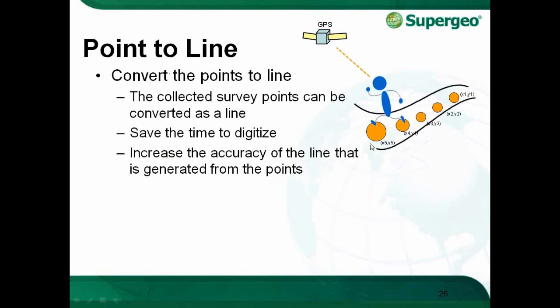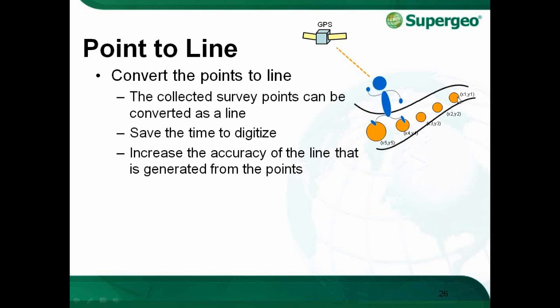And another function is the point to line function. It will help users convert the points to a line just by one click. Like the figure shows in here, maybe while you are doing the survey, you only got a point record, from this point to this one.